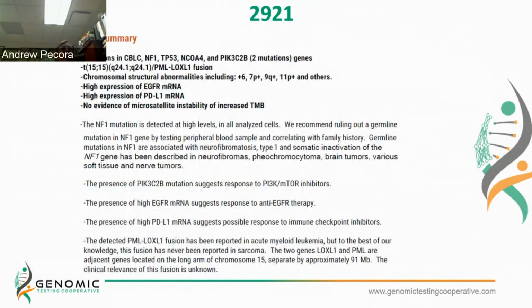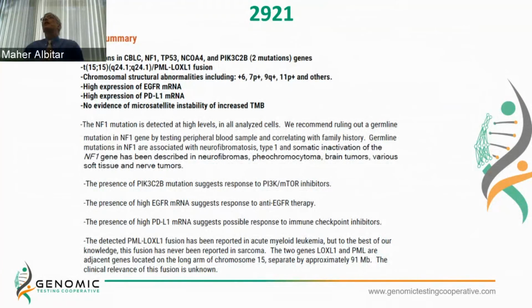So these are the abnormalities. The NF1 is detected at a high level and raises the possibility of a germline abnormality. In this case, if we test the peripheral blood, we can tell whether this is a germline abnormality versus a somatic abnormality.